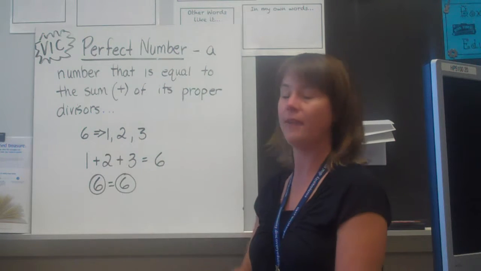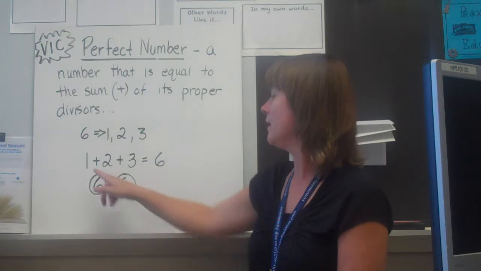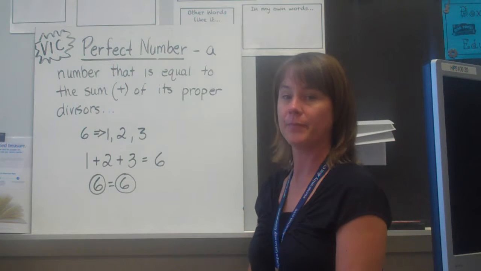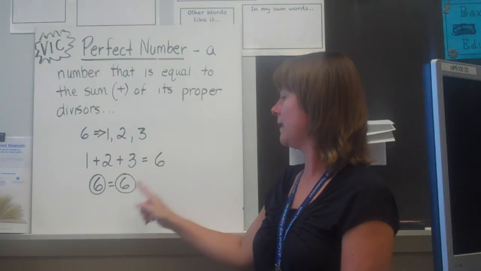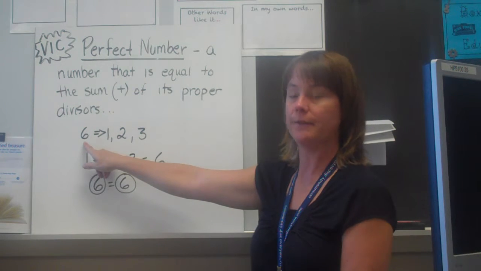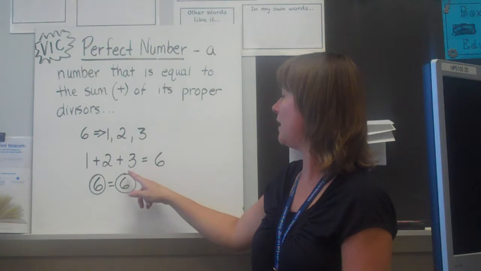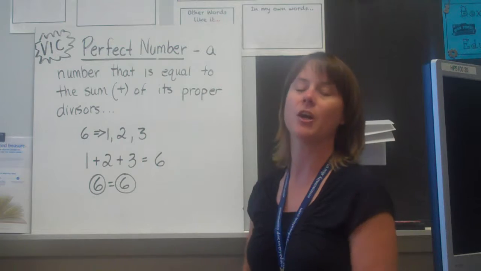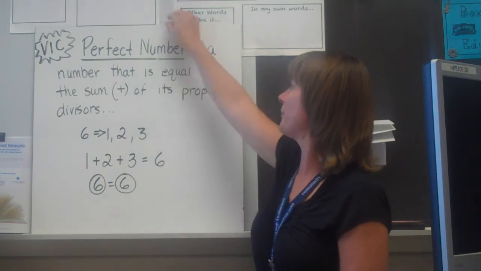So we list all the factors of the number. Then we add them up. 1 plus 2 plus 3. We get 6. If those two match up, the original number and the sum of its proper divisors, then it is the perfect number.